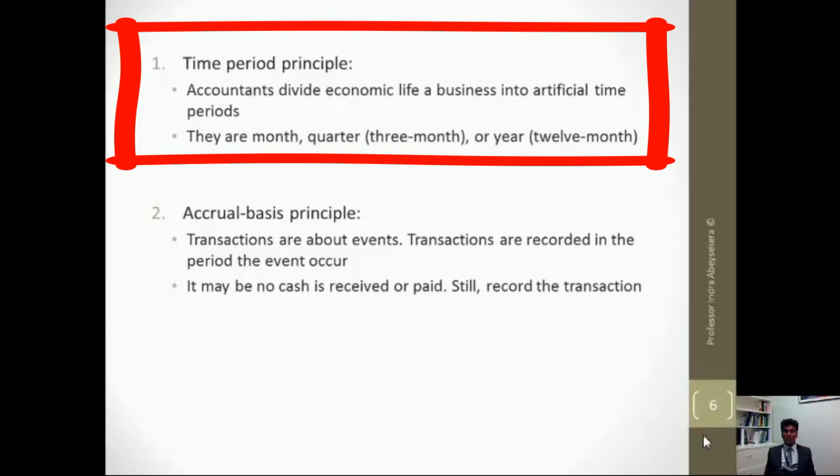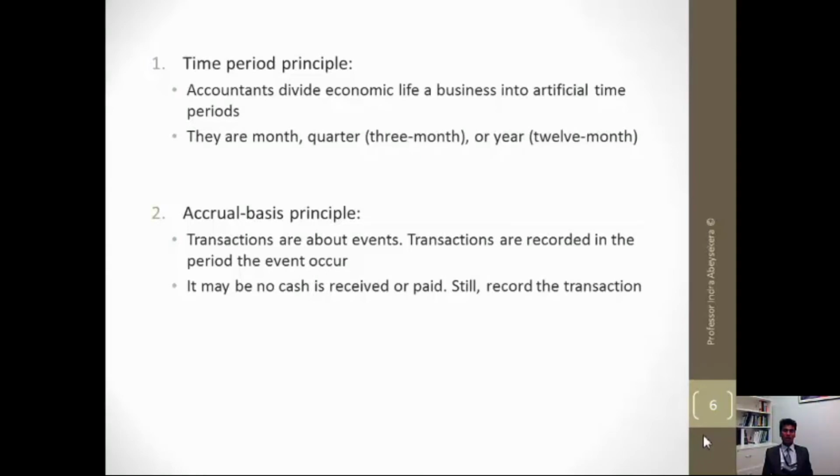Most organizations use a year as a definite time period. So time period principle is the first principle. So when accounting information is produced, it is produced for that time period. It could be a month, quarter, or a year.